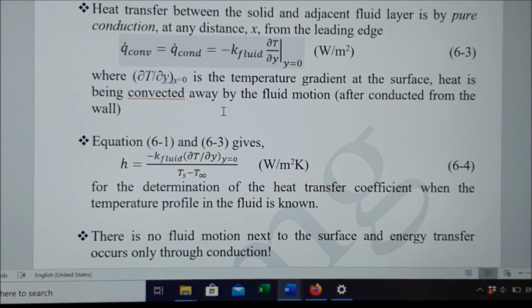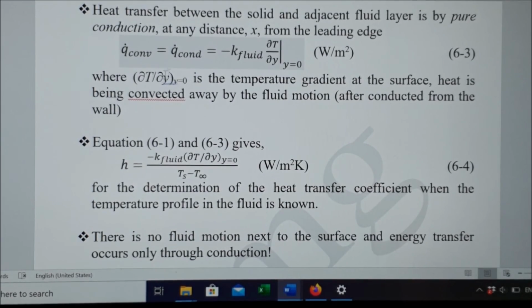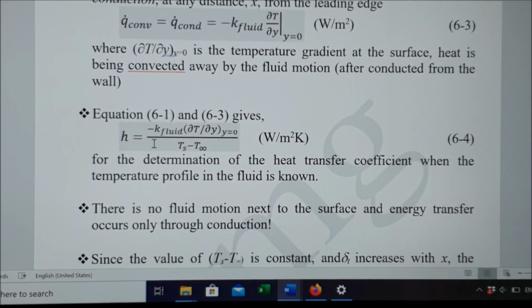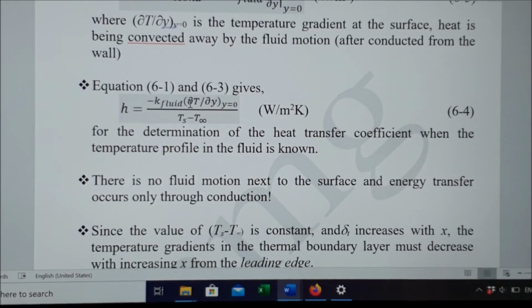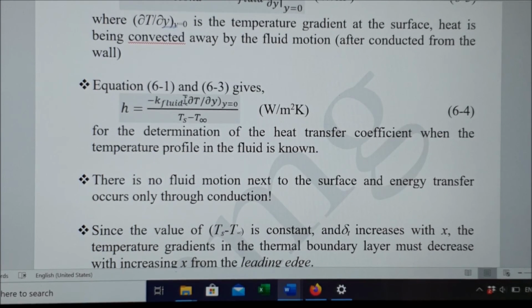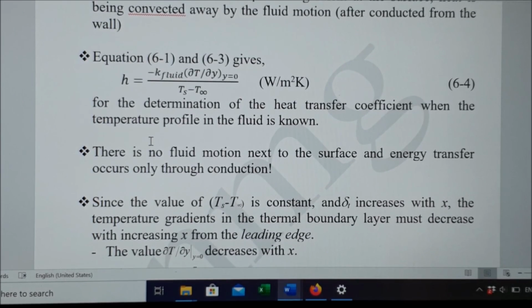If you substitute for q, you would have this equation. There is Newton's law of cooling for heat transfer from the surface and Fourier's law of conduction in the fluid next to the wall. There is no fluid motion next to the surface, and energy transfer occurs only through conduction.